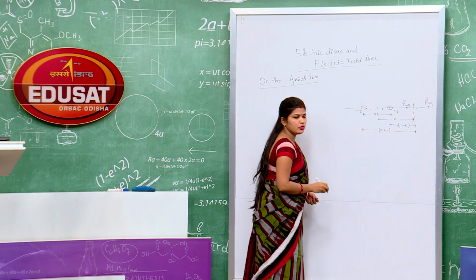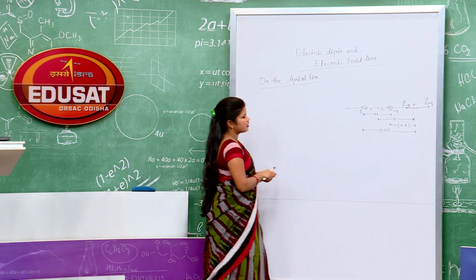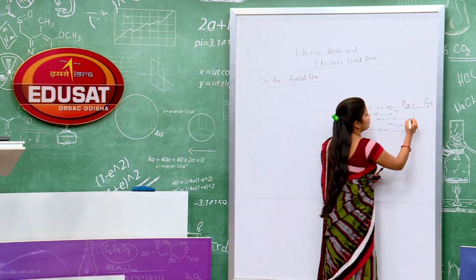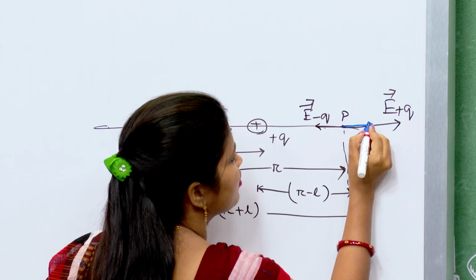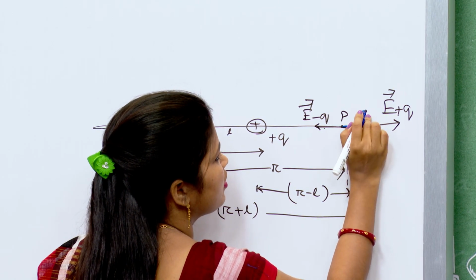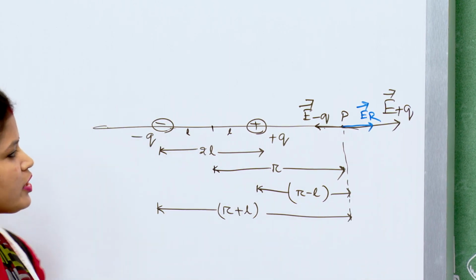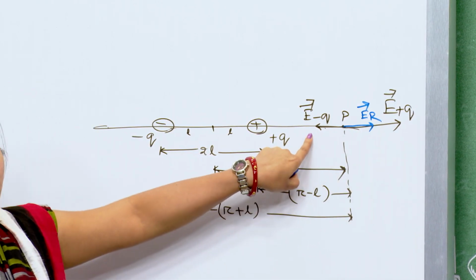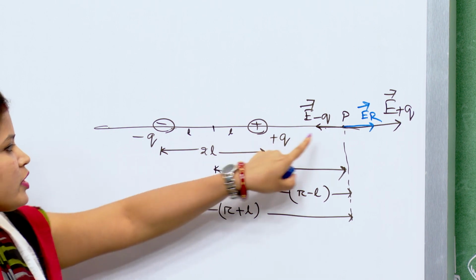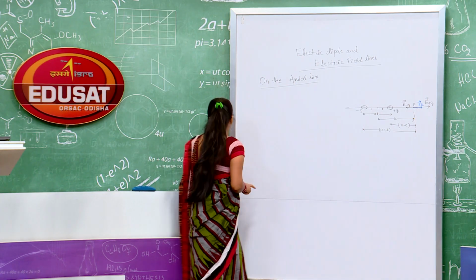So, the resultant electric field intensity will be in the direction of E plus q, as E plus q is greater than E minus q, as force of repulsion is greater than force of attraction.